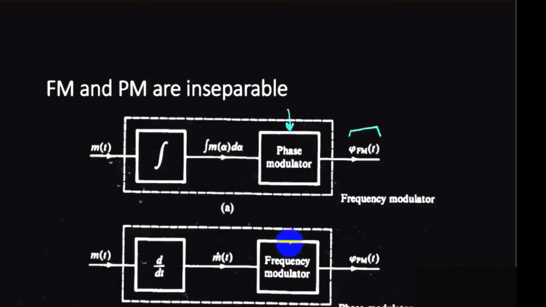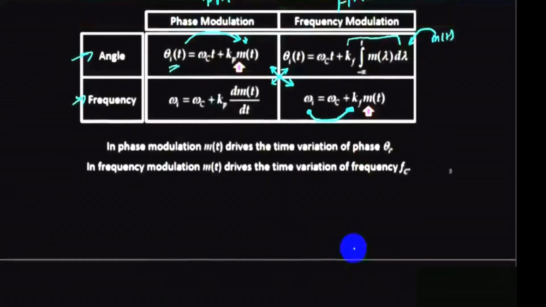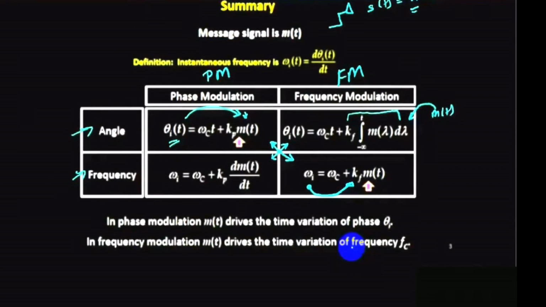Otherwise, you could use a frequency modulator cascaded with a differentiator to eventually send a phase modulated signal. So you could use one to generate the other one, right? So why is it so? It is quite evident from this block itself.